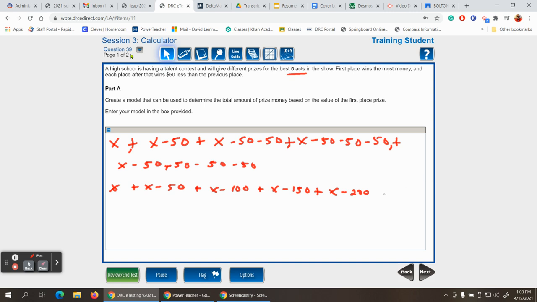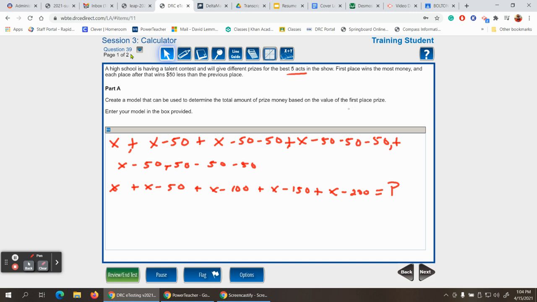And we're going to say that equals, what are we talking about? Prize money. So we'll say that equals P. And so it says create a model to determine the total amount of prize money. Well, there it is. That's the total amount of prize money based on the value of the first place prize.